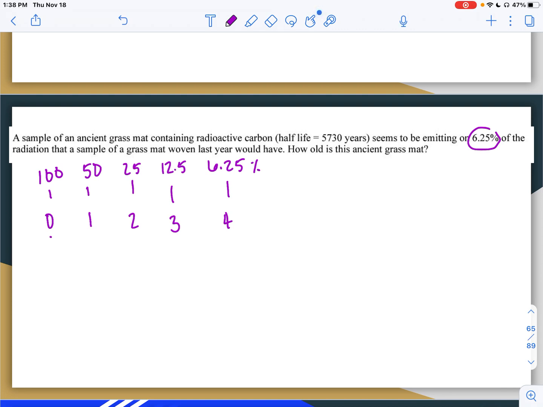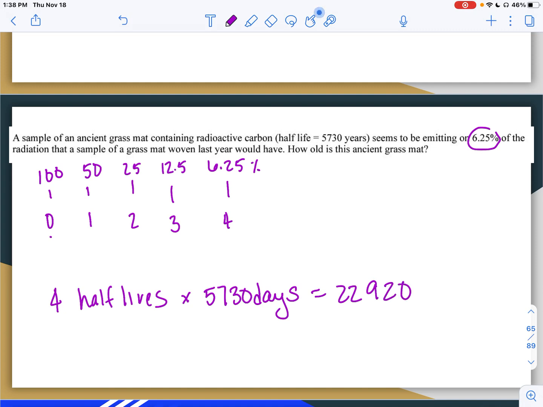So 4 half-lives times this many years, which is our half-life, gives us this many years. So this is how old the ancient grass mat is.